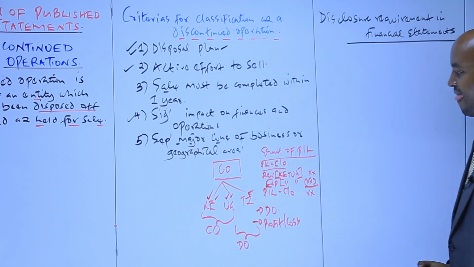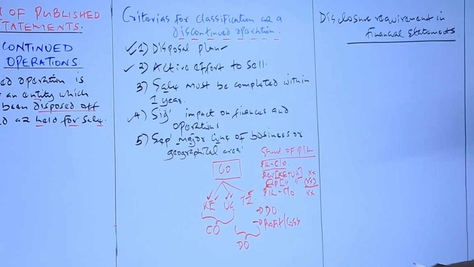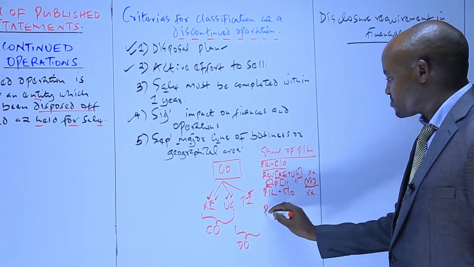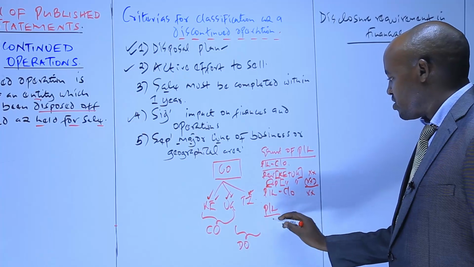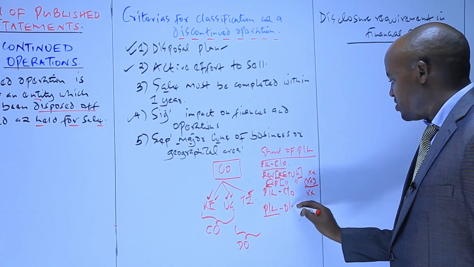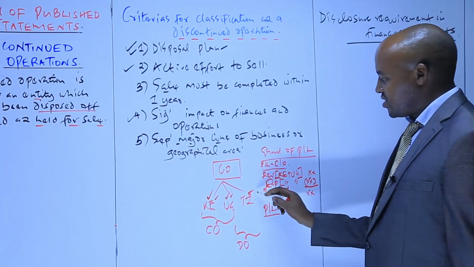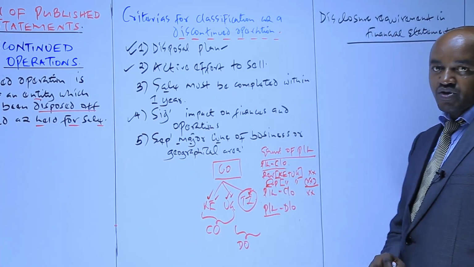Then the company proceeds to determine the profit or loss from the discontinued operation. The discontinued operation is this particular branch which has been closed down.